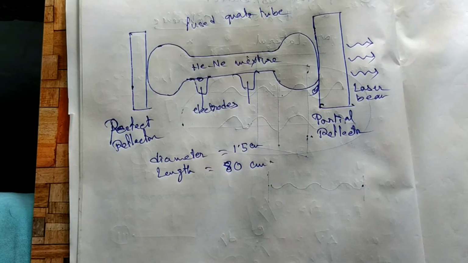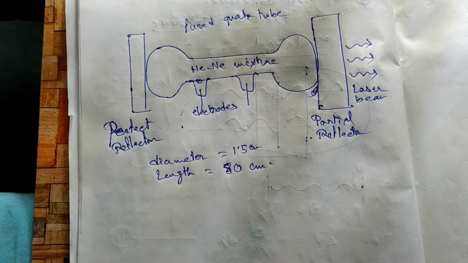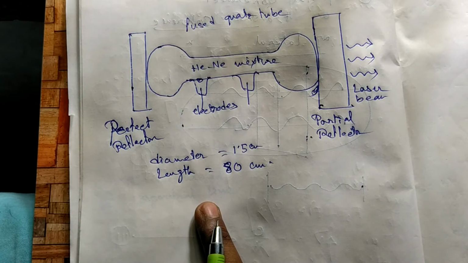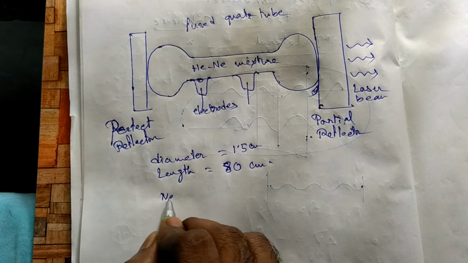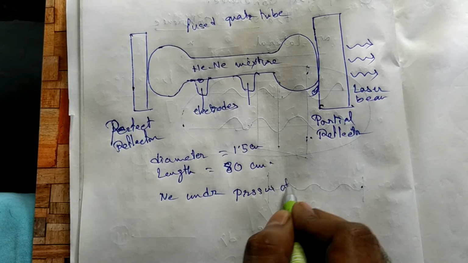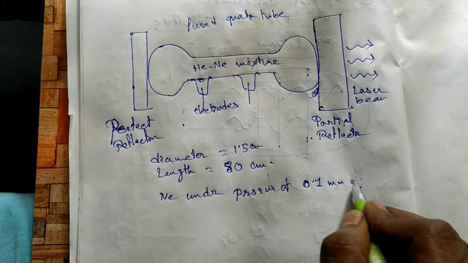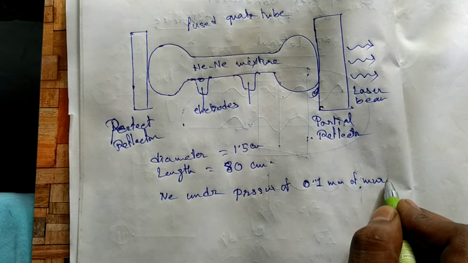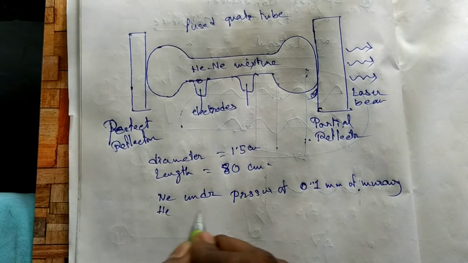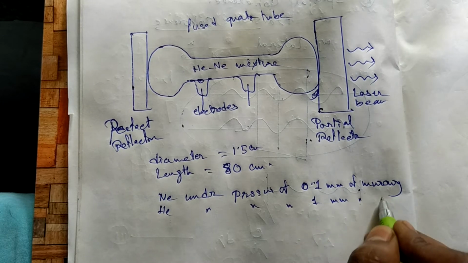In this tube, the helium neon mixture is available. The neon is under a pressure of 0.1 millimeter of mercury, and the helium is under a pressure of 1 millimeter of mercury.